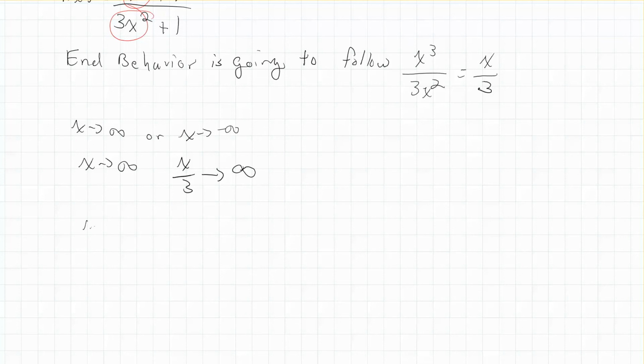And so if x goes to negative infinity, x over 3 goes to negative infinity. So what does that mean as far as my horizontal asymptote? Well, what this means is that h of x has no horizontal asymptote. You don't have to have a horizontal asymptote, and in this case we don't.